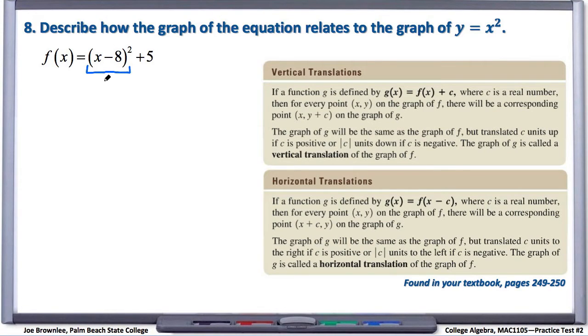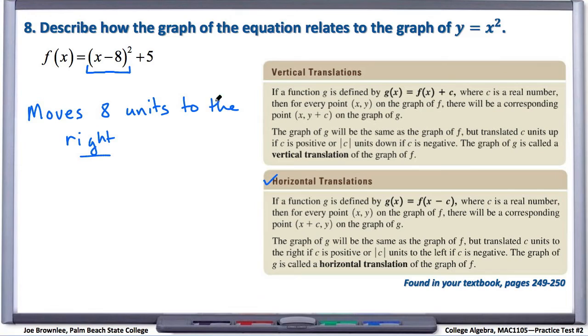So in this case, x minus 8 tells us we really should be moving 8 units to the right. So this graph moves 8 units to the right.